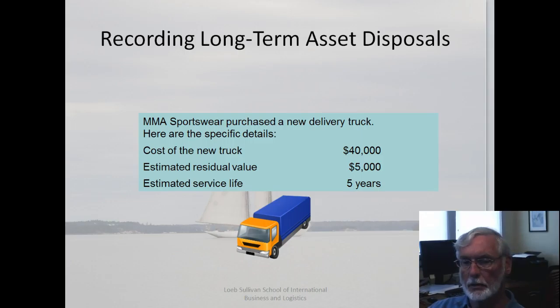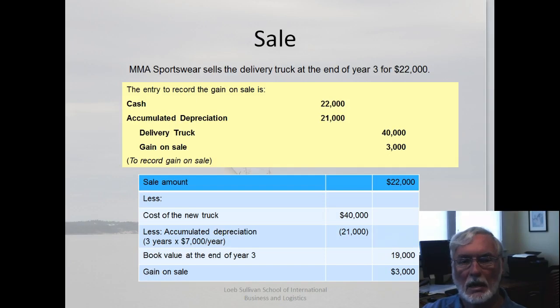And the residual value at the end of its useful life also may not be accurate. So when we sell an asset, we have to look at the amount of money that we have on the books, both for cost and accumulated depreciation, and then the amount that we're selling it for. So we need to look at book value.